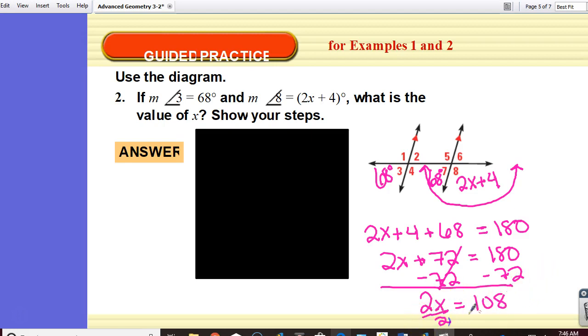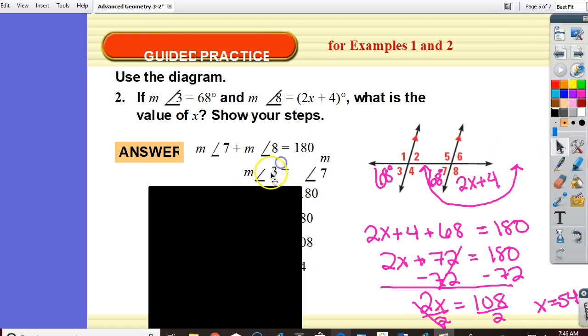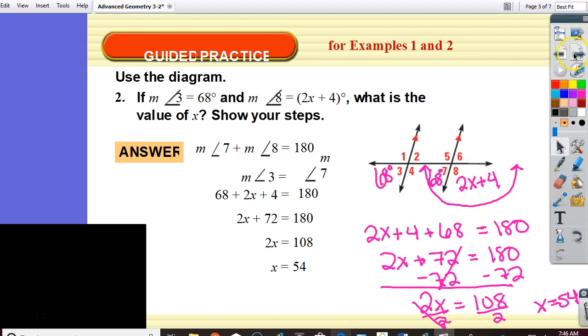Divide by 2. X equals 54. Make sense? What else could you have done? You could have done 3 alternate exterior with 6, which would also be a linear pair, right? So there's multiple ways you could have attacked this.